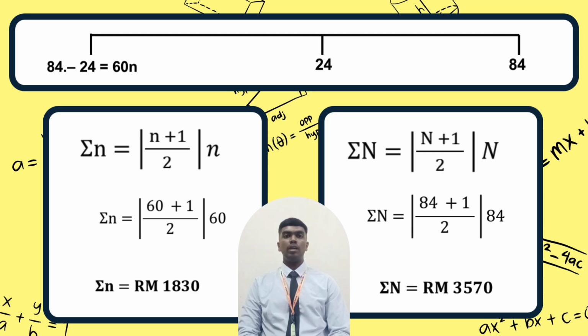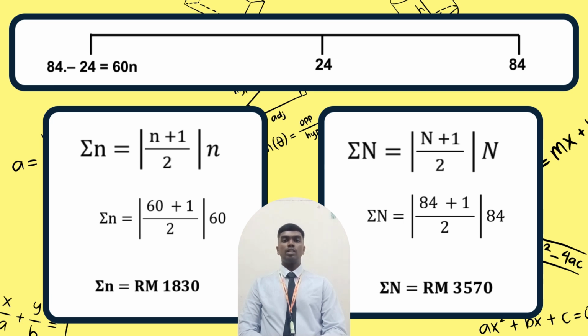Second formula: sigma big N equals big N times (big N plus 1) divided by 2. To find small n, 84 months minus 24 months equals 60 months. So 84 months for big N, 60 months for small n.